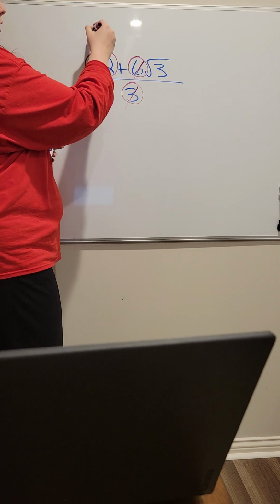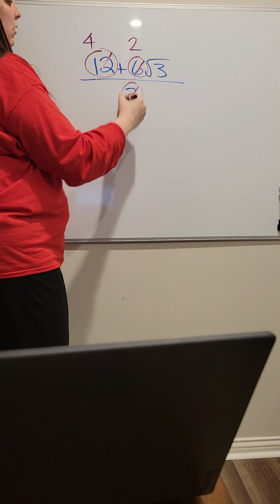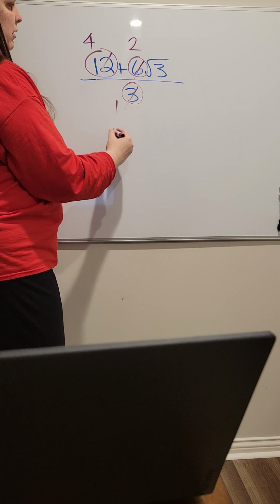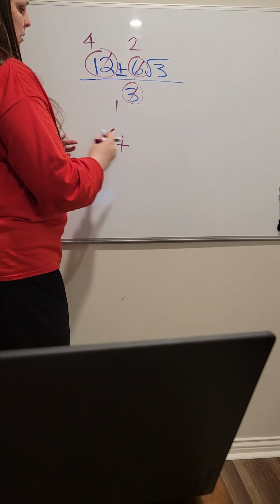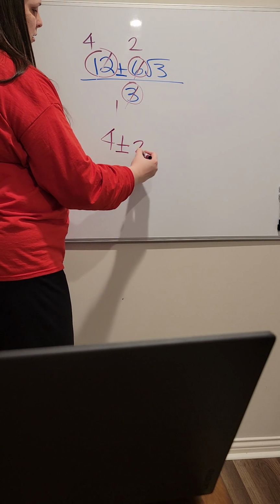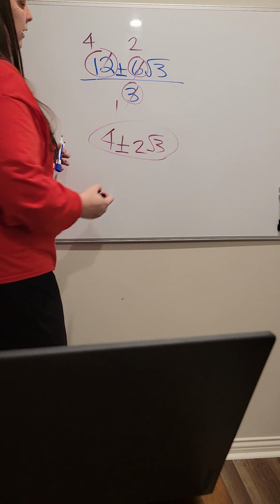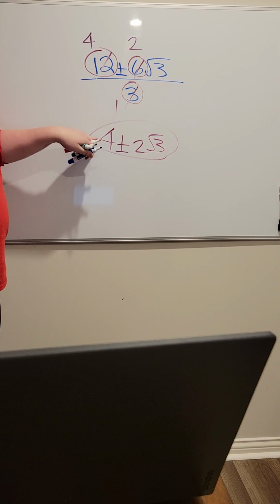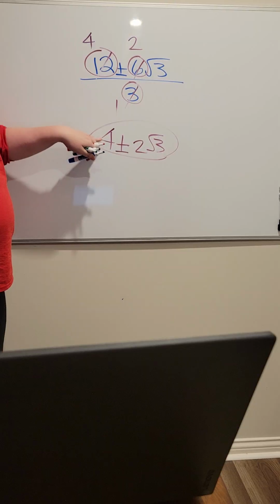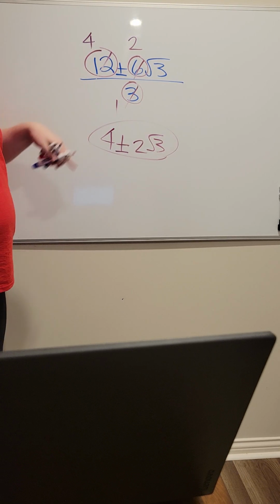So you could cancel. And this would become 4. Oops, that should have been a plus minus. Plus or minus 2 root 3. So if you have an answer like this and you don't see where it's saying it's not simplified, or on the final you don't see your answer, you might just have to simplify.